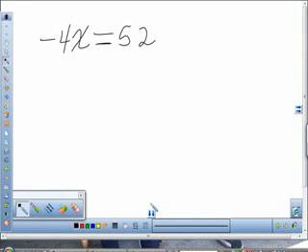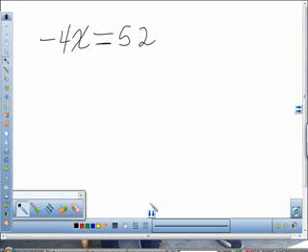Okay, tell me what you did first. Exactly, because there were no parentheses, no like terms on the left, no like terms on the right. The variable was on the left. There isn't anything added to the variable or subtracted from the variable.